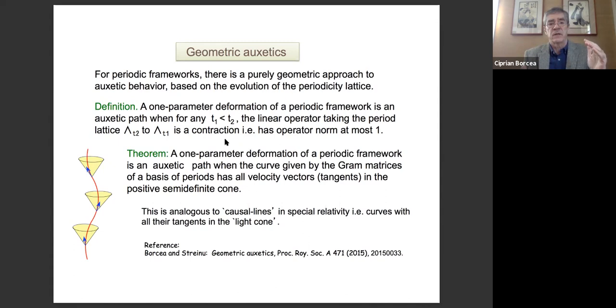So if it contracts in one direction, actually it contracts in all directions. So this is how the Poisson's ratio vision is implied by the geometric definition.